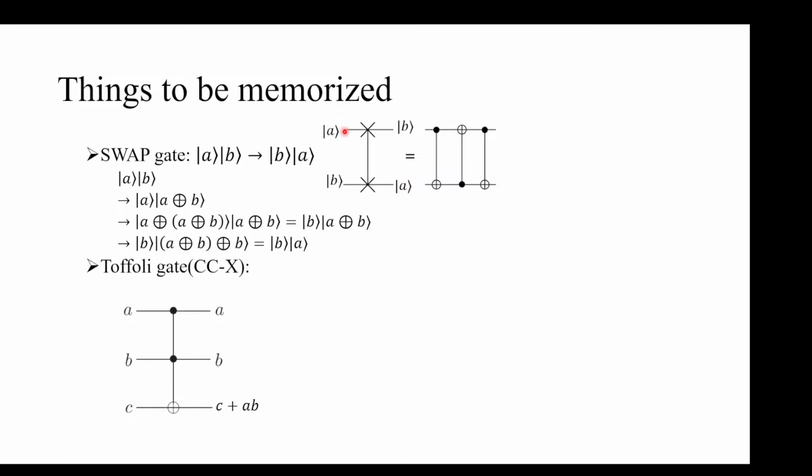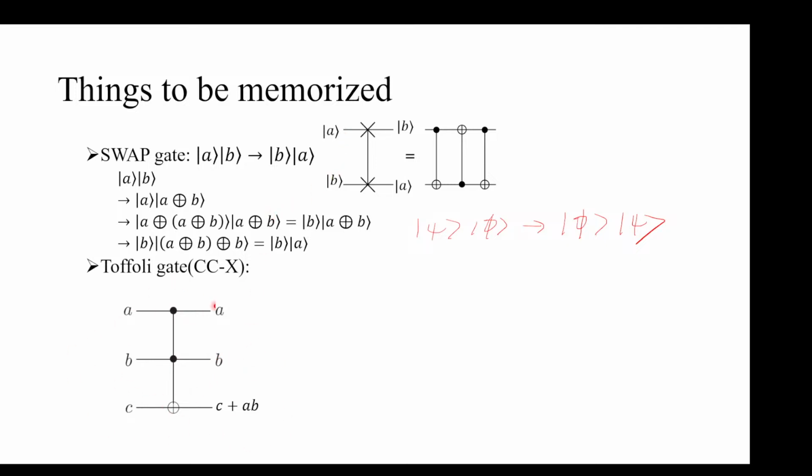Okay, and even for general pure states, it's also true. So if you have psi-phi, as we said previously, then after the swap gate, it will become phi-psi. Okay, and here is the construction of the swap gate that you can do by CNOTs. So if you have those 3 CNOTs, it will become the swap gate. And then next we have the Toffoli gate.